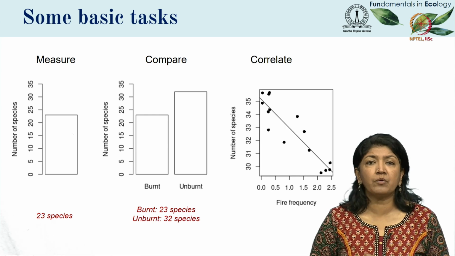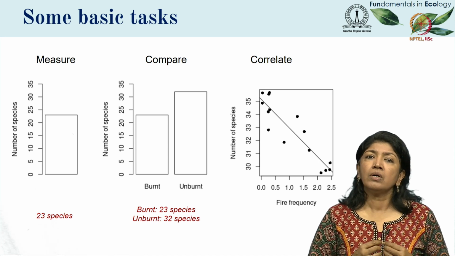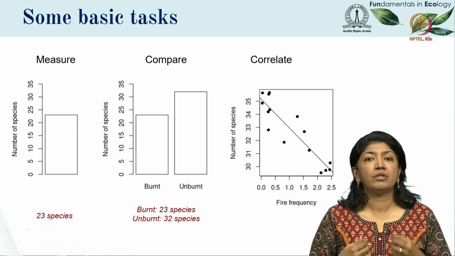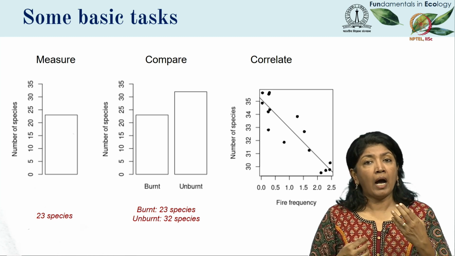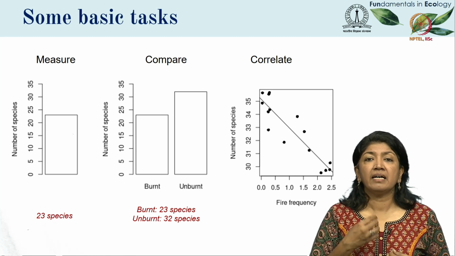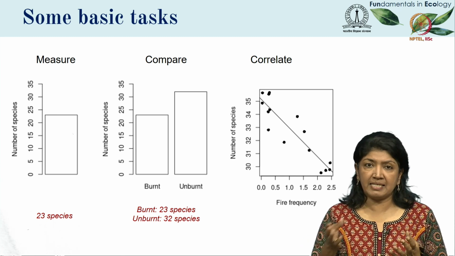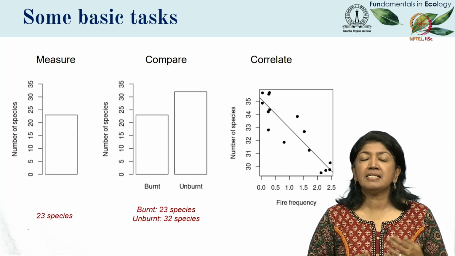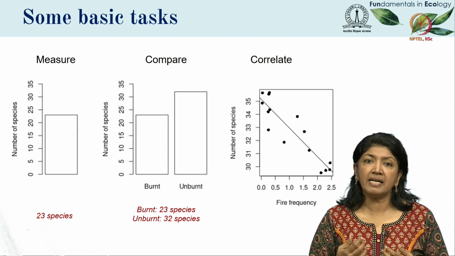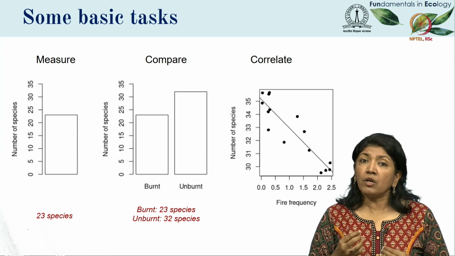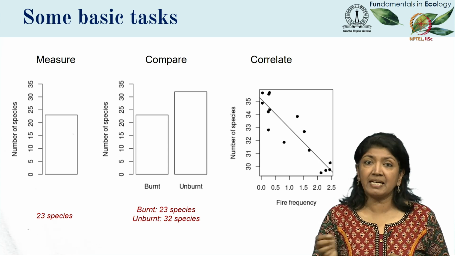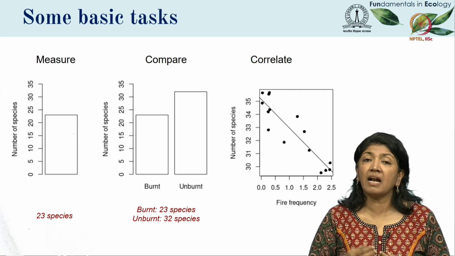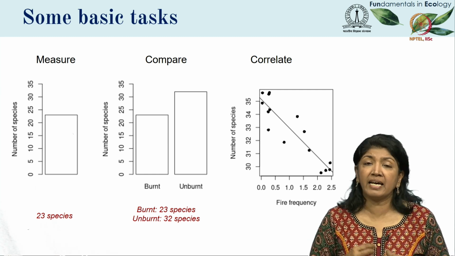Another kind of task that we might be interested in is to understand a relationship. So, to correlate 2 variables. So, how is the number of species related with fire frequency across different habitat patches? Now, both in this comparison question and this correlate task, very often we are not just interested in describing this relationship, but we are actually carrying out this task because we are interested in understanding the process underlying a pattern.